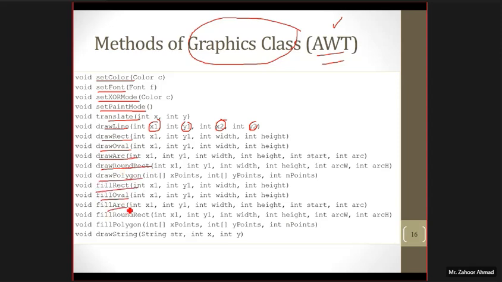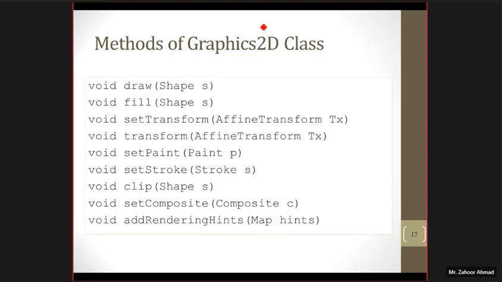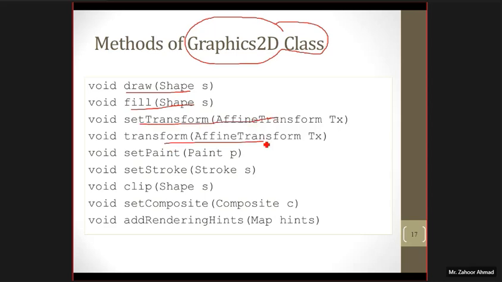Now, if we look at the Graphics2D class, what are the methods? For example, here you can use draw shape, fill shape, you can use transformation, affine transformation, setPaint, setStroke, clip, setComposite, rendering, and many things.